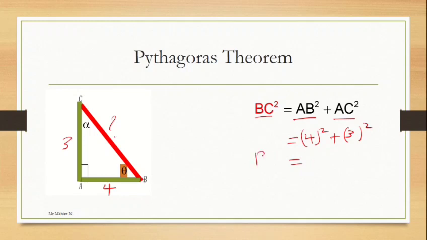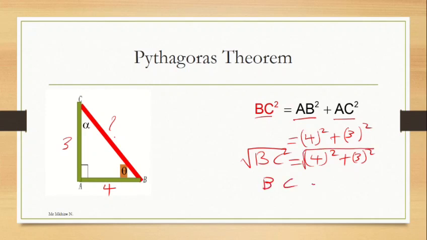So here you have 4 squared plus 3 squared. You can just add a square root on both sides, so that BC will end up being 5. So this is how you would use Pythagoras theorem to solve a side.